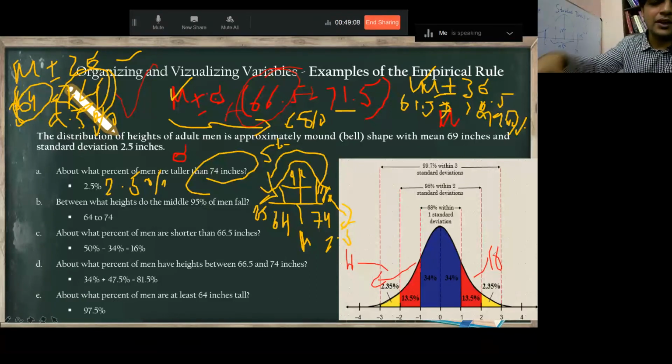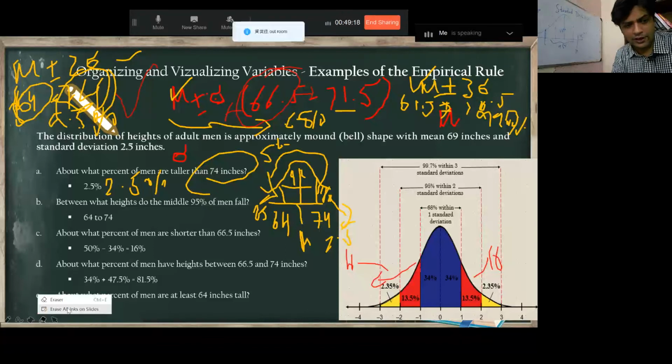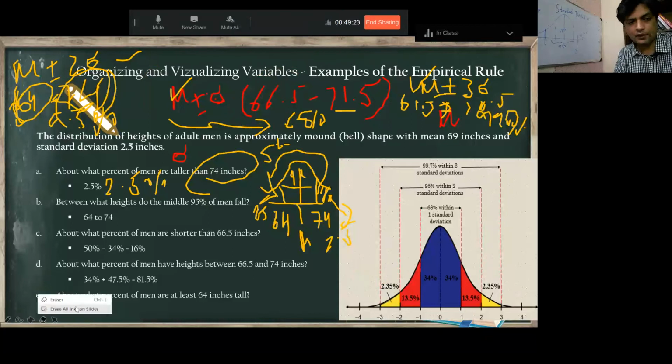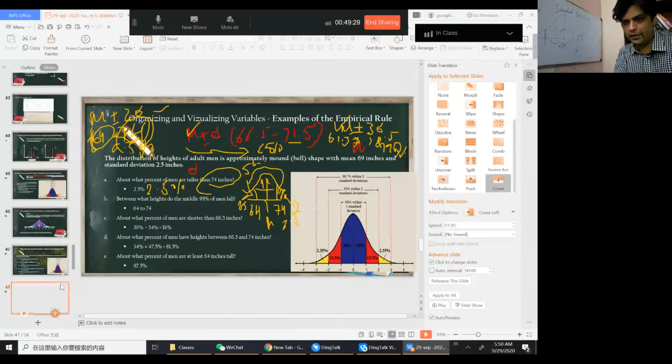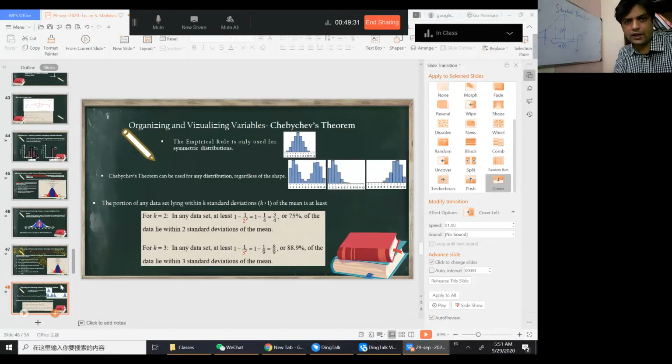That's how you can calculate it at home. You can practice today. It's really fun. You can ask your fellow student to tell you about this and find out. Now we're going to talk about Chebyshev's theorem after the break.